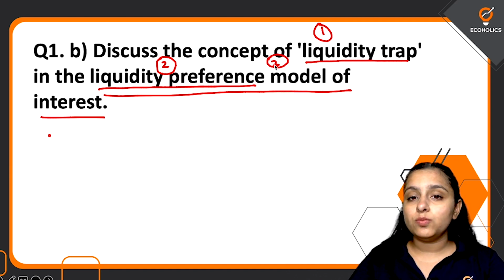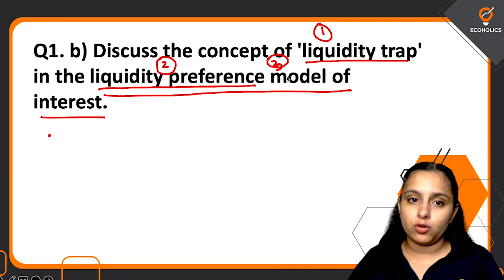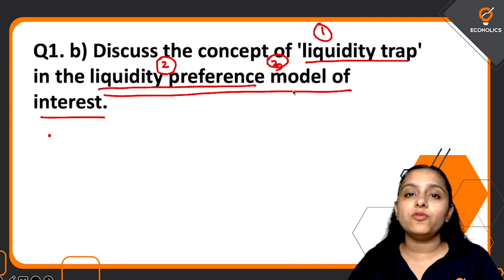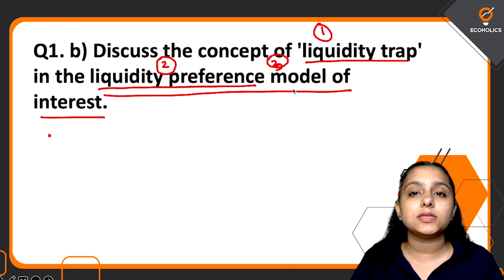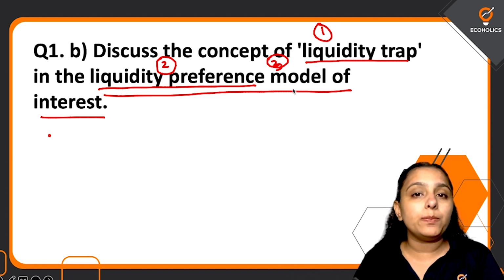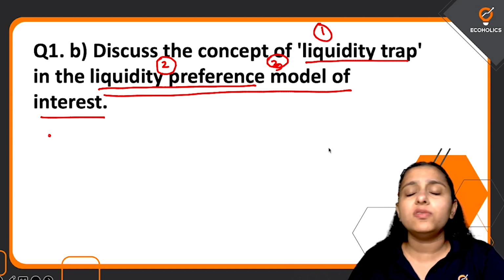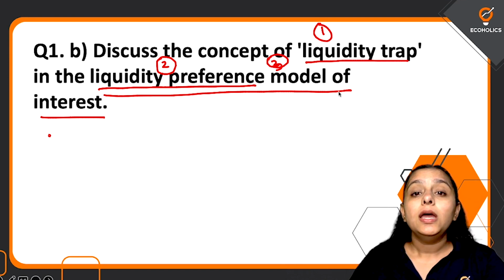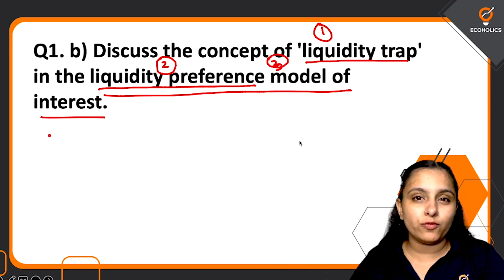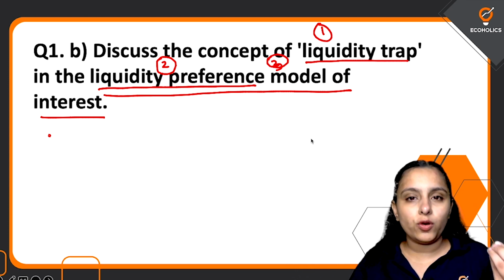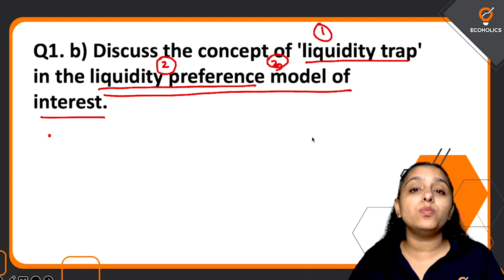This question poses one confusion here. We all know about the Keynesian theory. If someone asks what liquidity preference is according to the Keynesian model, we would answer very easily. But when someone asks about the liquidity preference model of interest, you will think for a few seconds before answering.